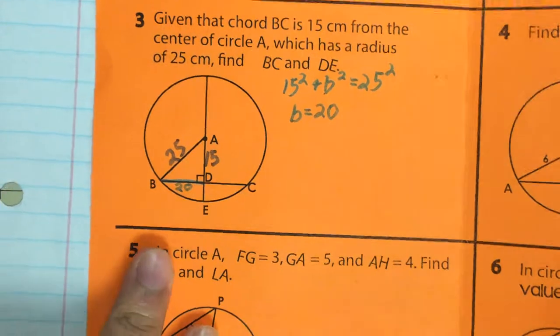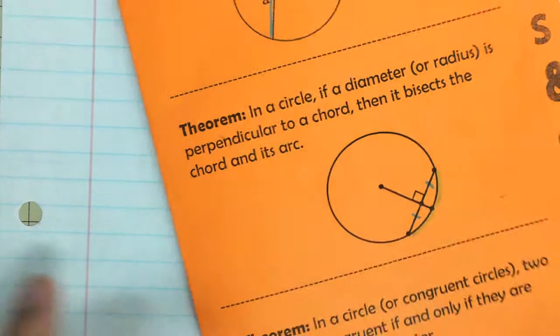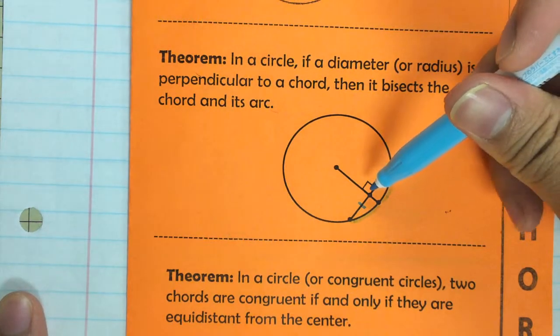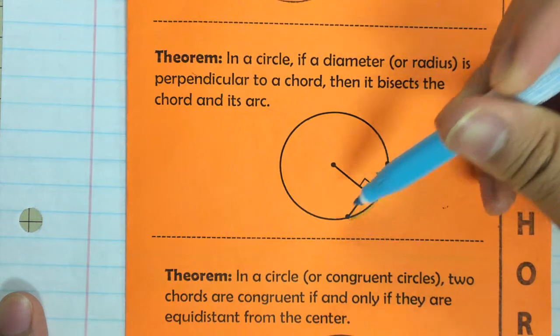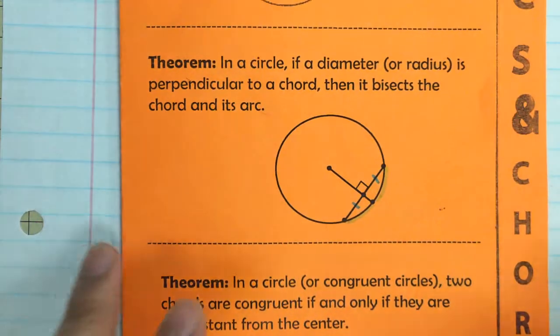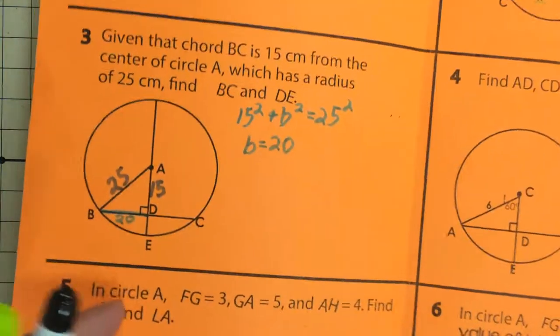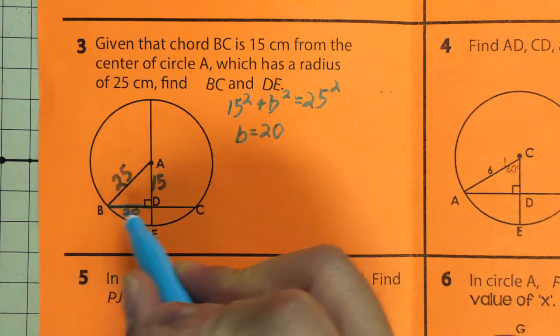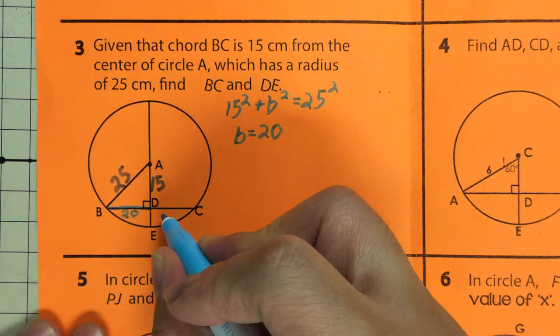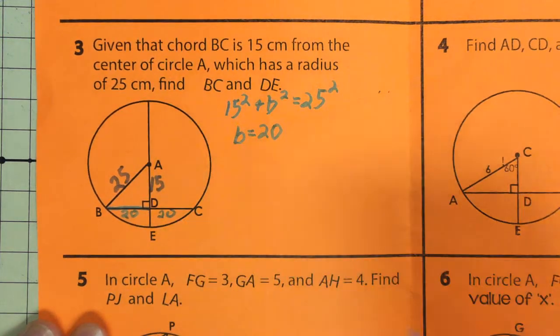And what we just learned outside is if your segment is perpendicular to the chord, it bisects that chord. Because this chord is bisected, if BD is 20, that means DC is also 20.